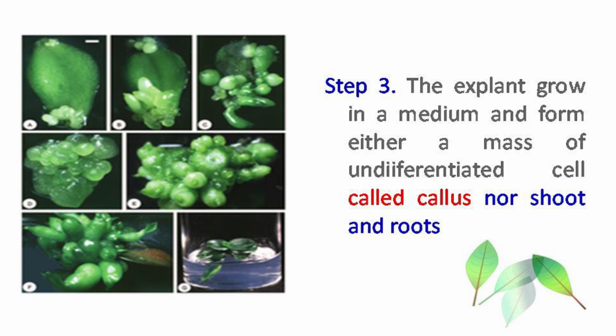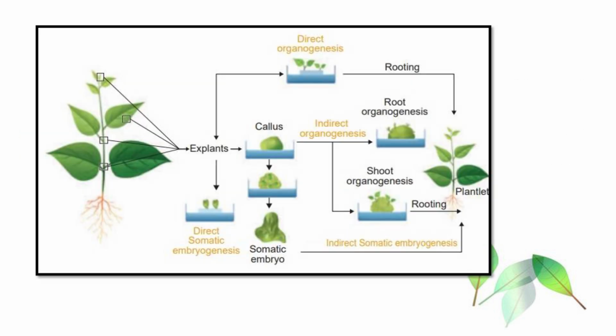Step number 3. The explant grown in a medium may either form a mass of undifferentiated cells called callus, or it will produce a number of shoots and roots. If from the explant we get only a mass of cells, that is callus.